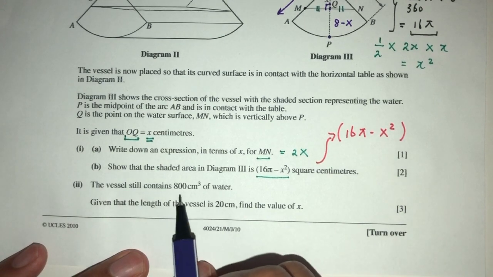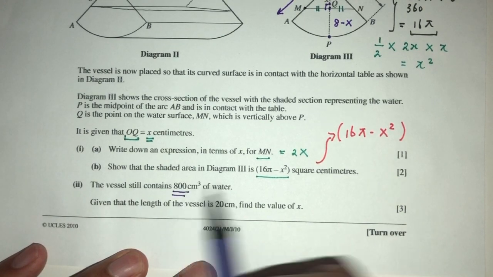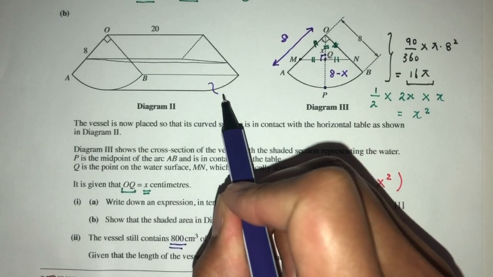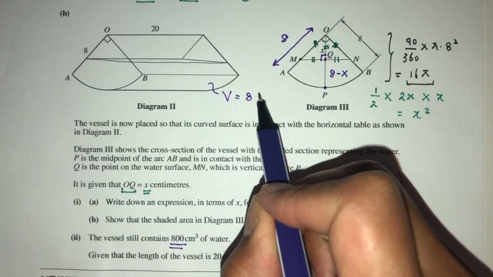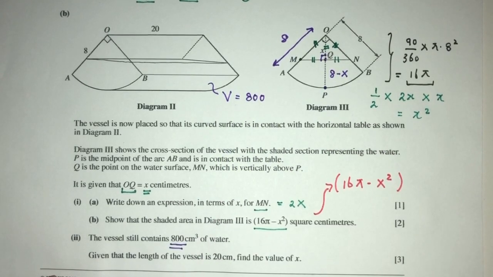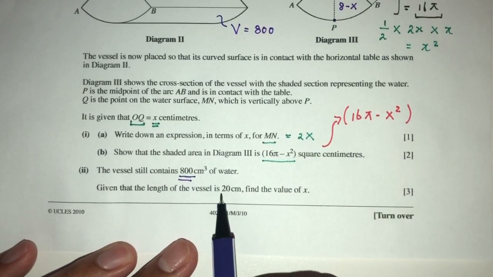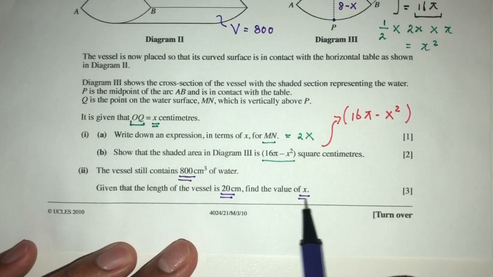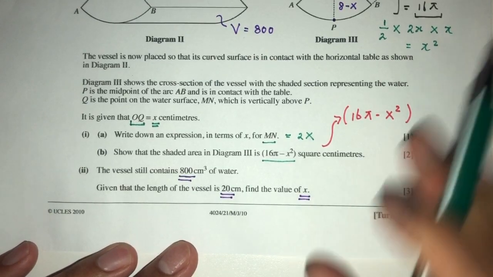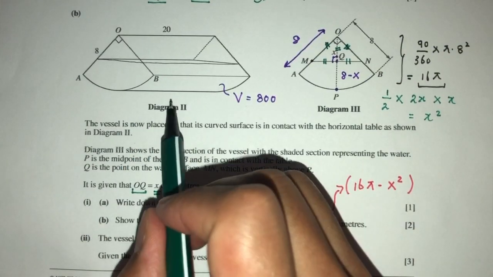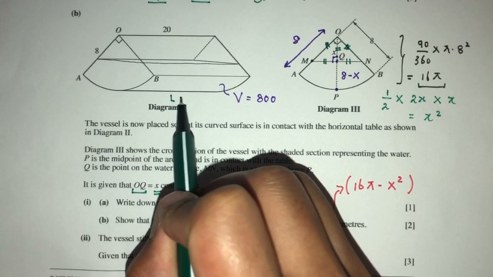So the vessel still contains this much water, so the volume has to be 800. Now given the length of the vessel is 20, find the value of x. So the length of the vessel, the whole thing here, has to be 20.